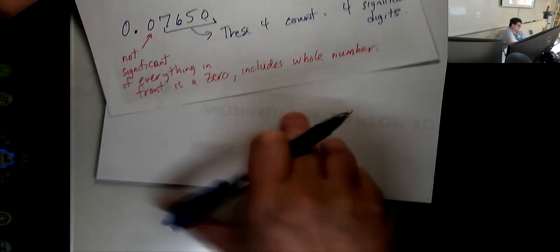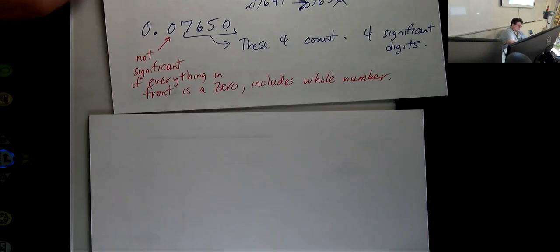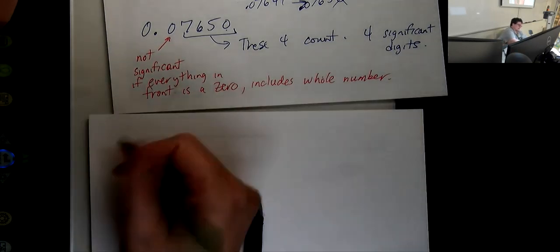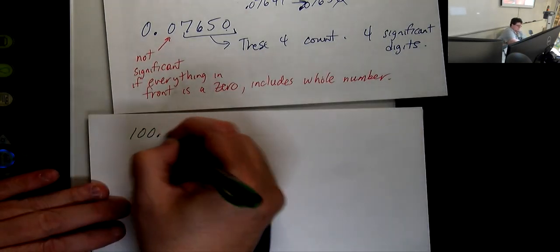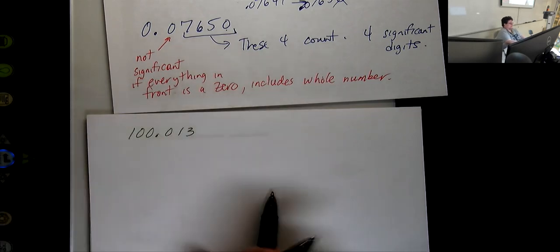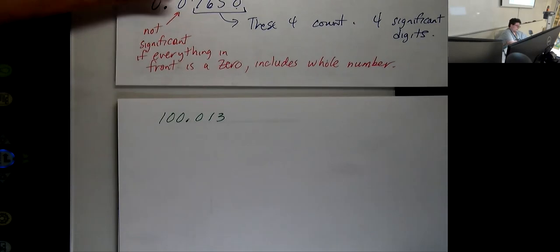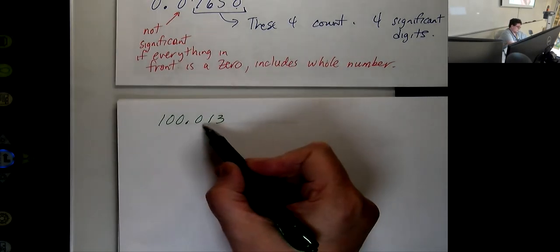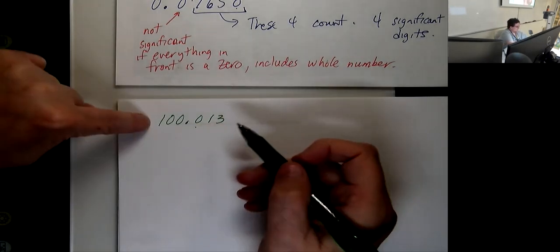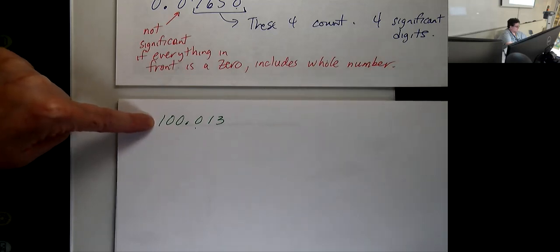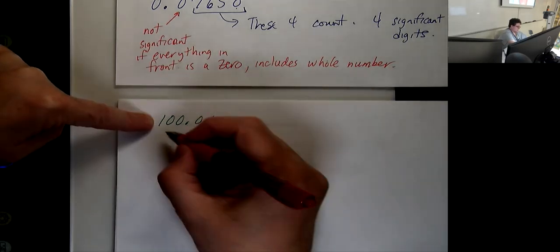Now, if you've got numbers in front of it that are not 0, like if we had 100.013, even though I said the numbers in front of the decimal don't count, there's a 1 in the very front. So everything between whole numbers counts.